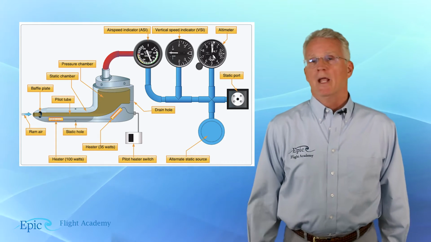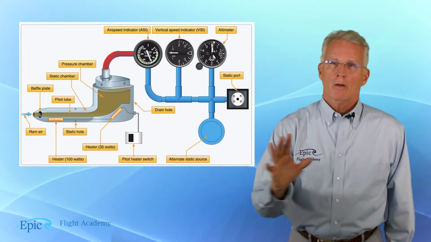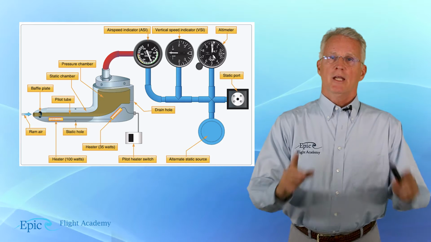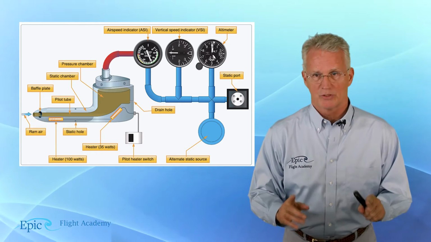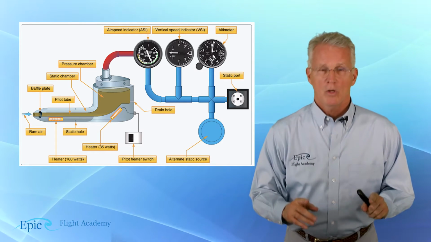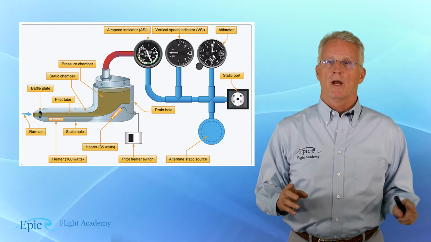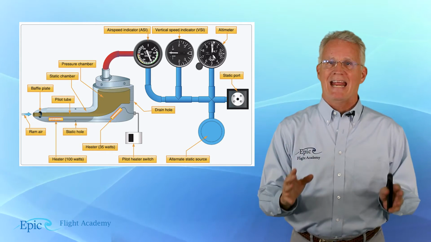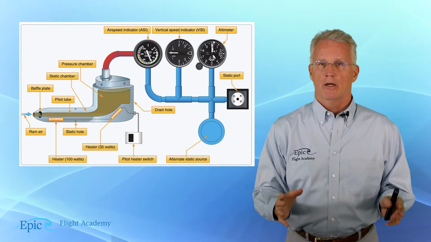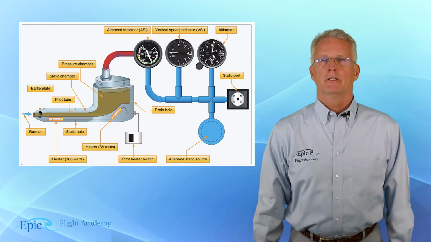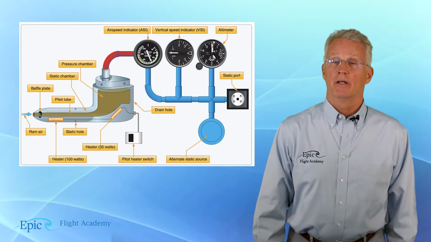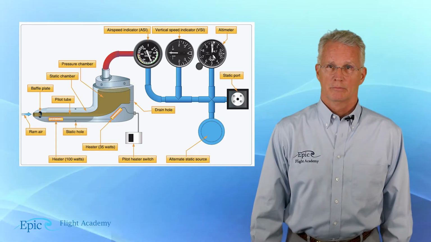As an instrument pilot, what I want to call your attention to is that in the pitot tube itself, we have both ram air pressure and static air pressure. So, a little deeper understanding of the pitot tube.